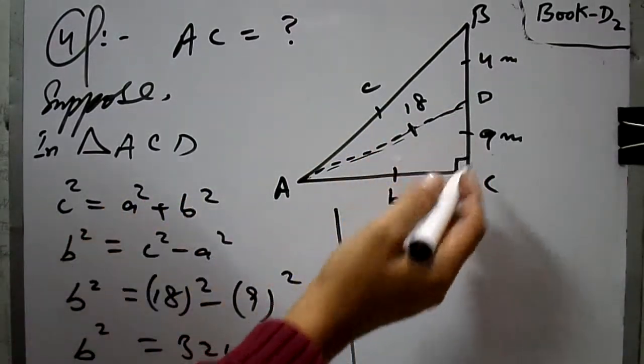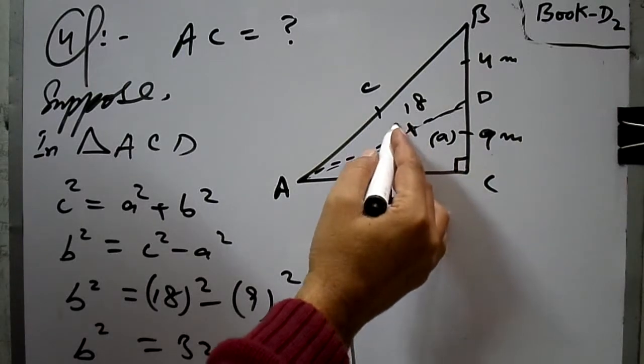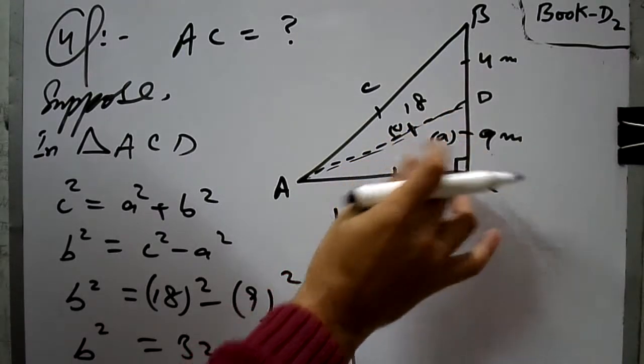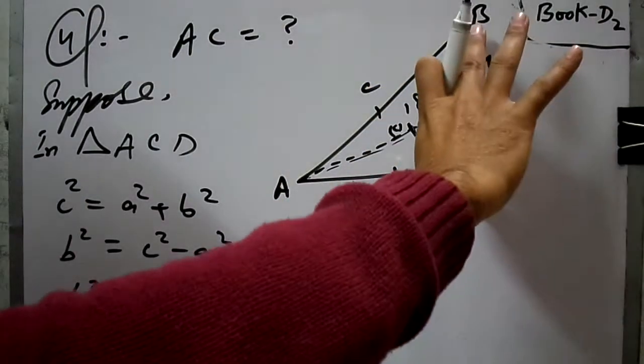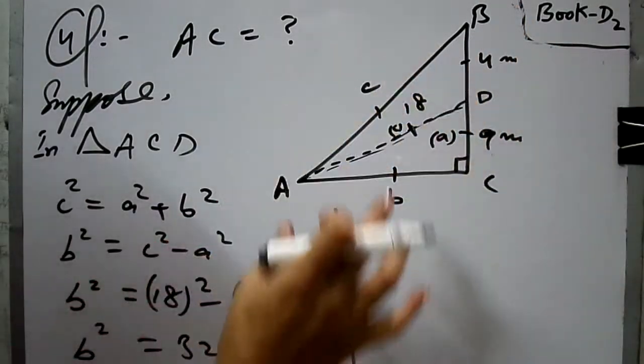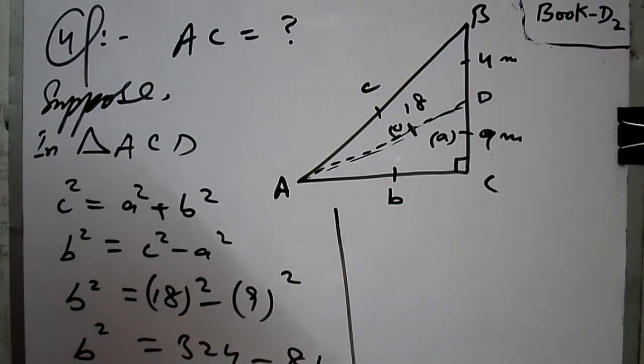Applying Pythagoras theorem, when you take the bigger triangle, that is your base, that is your altitude, and that is your hypotenuse. The value of B is what you have calculated, 15.6.